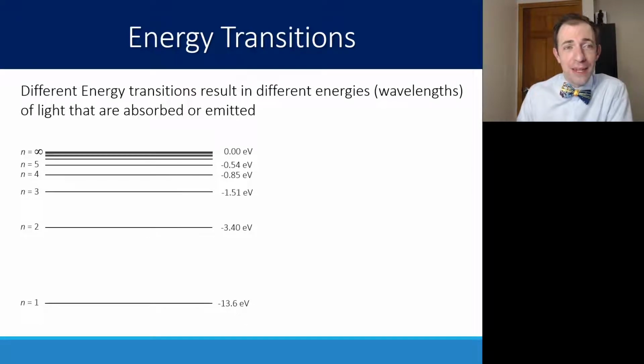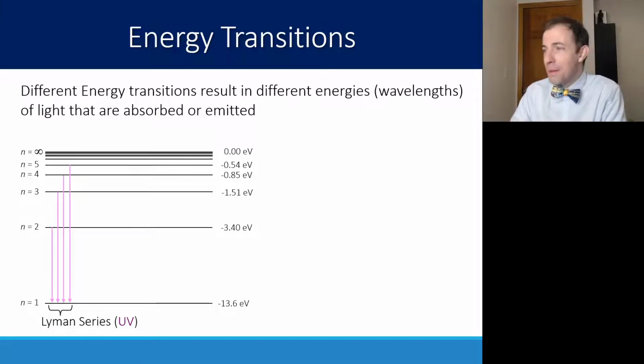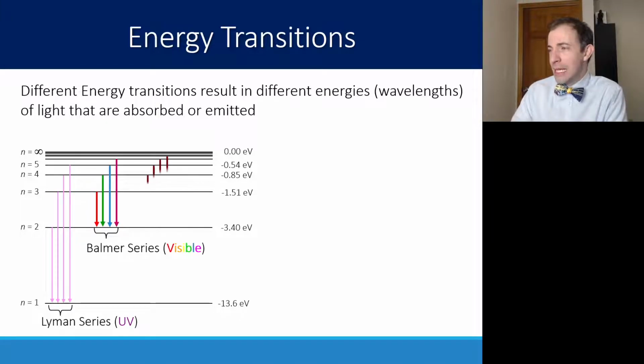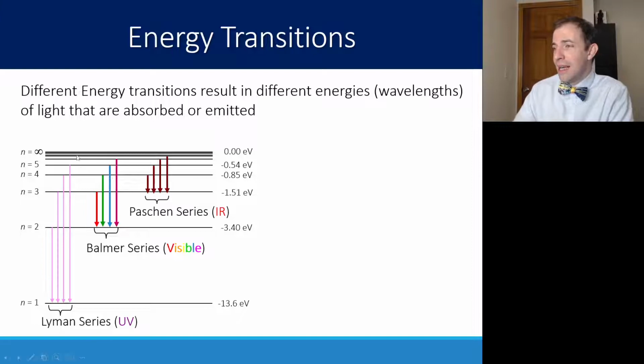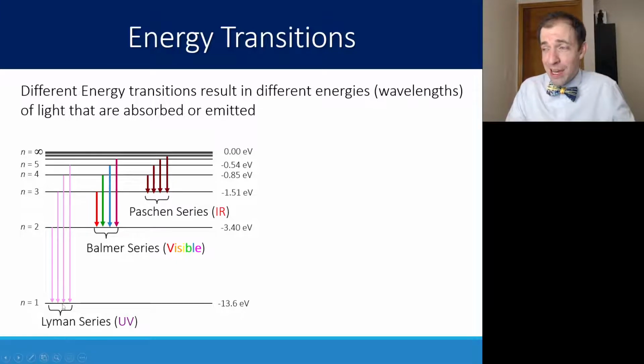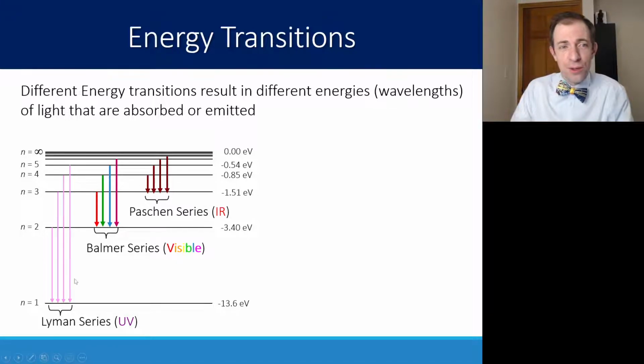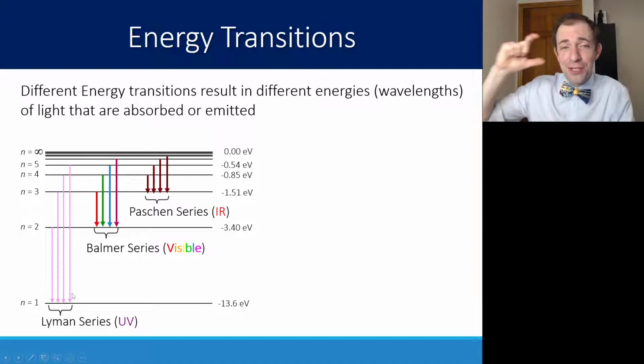So these energy transitions will result in different amounts of energy. Sometimes we can categorize them because these different amounts of energy result in different types of light. If we, for this particular atom, dropped all the way down to the first level, that results in light of a pretty high energy. Notice how long those drops are, how big that energy change is.